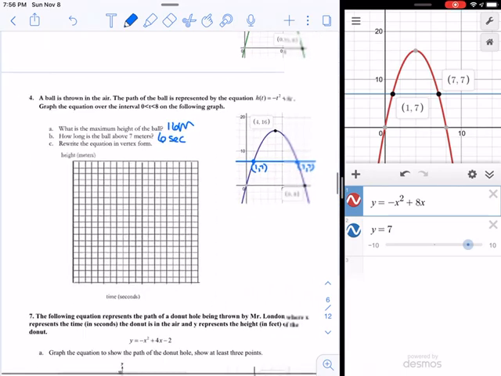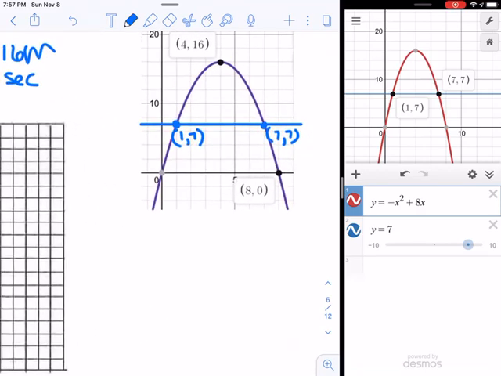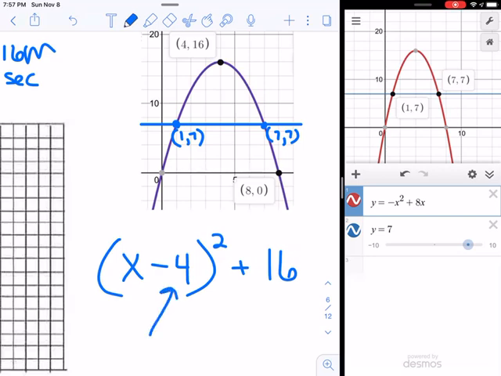6 seconds. And then to rewrite the equation in vertex form, we're going to put the vertex, see it's x minus 4 and squared, and then plus 16. Because remember we have x minus the number, that's our transformation to the right, 4, and then plus a number on the end, that's transformed up 16.